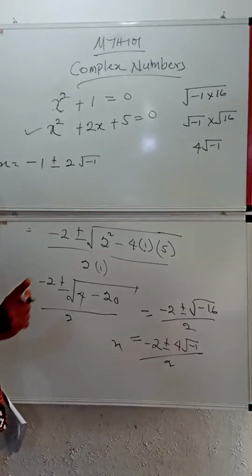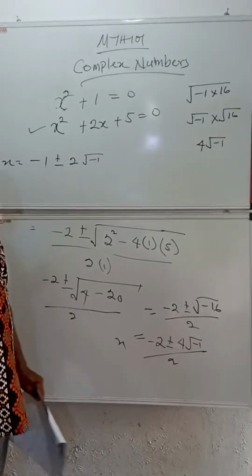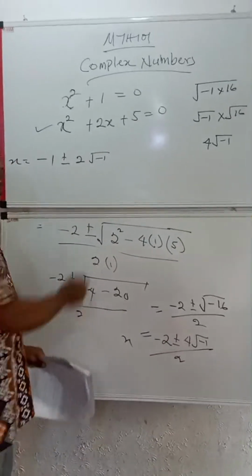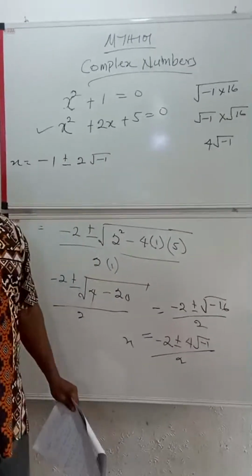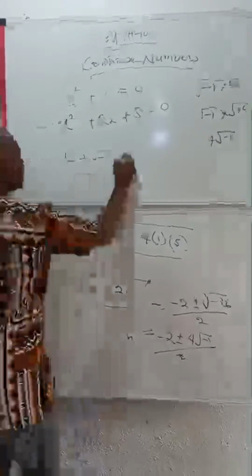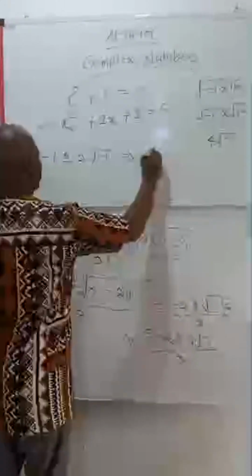But remember when we started, there is no real number whose square will give you minus 1. Therefore, whenever you see this, we use the symbol i to denote it, meaning that we can write this as minus 1 plus or minus 2i, where in place of the square root of minus 1, we have i.